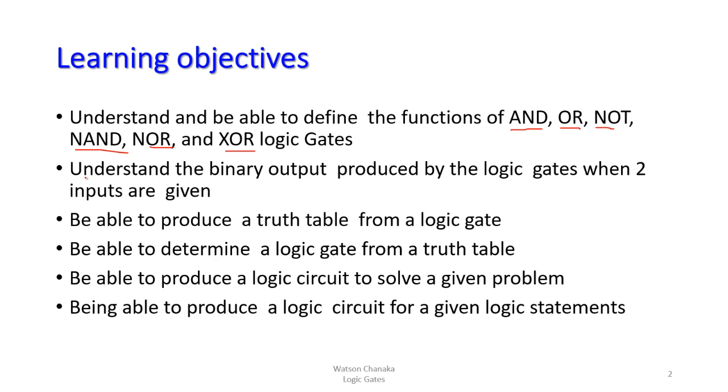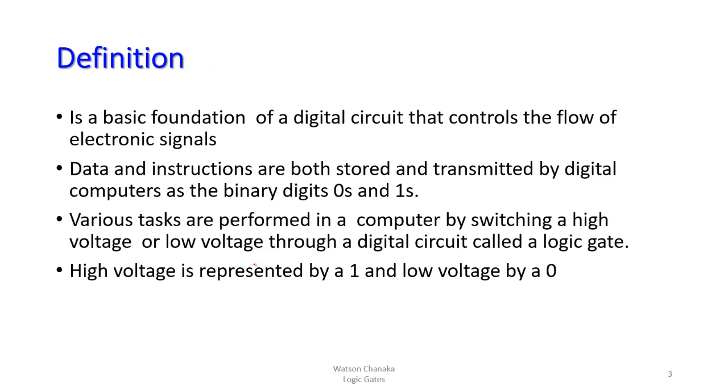And the last objective is being able to produce a logic circuit from a given logic statement. Some of these objectives we'll check when we finish chapter 4, which will give us feedback on whether we have managed to meet our objectives. So we're going to move on now to the next slide.